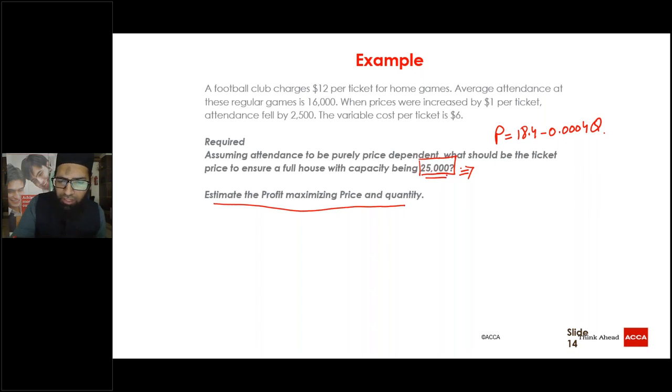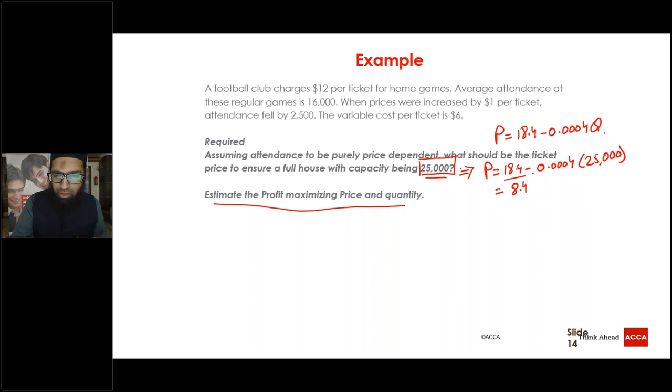Now, if I put the value of 25,000 in place of Q, I will get the price. So it will be 18.4 minus 0.0004 into 25,000. 0.0004 into 25,000 is 10. So it will be 8.4.